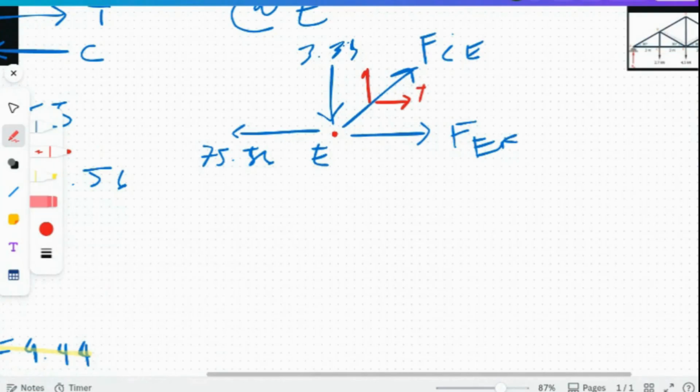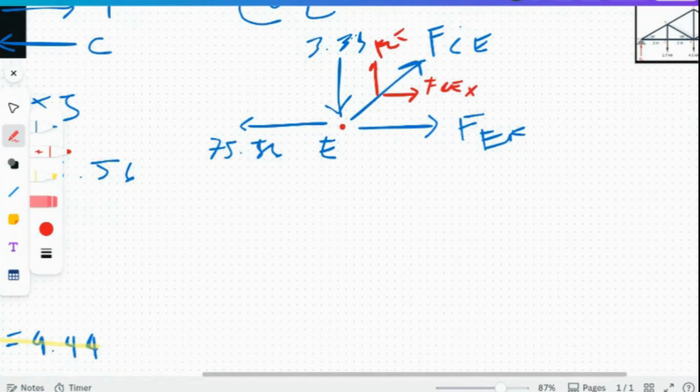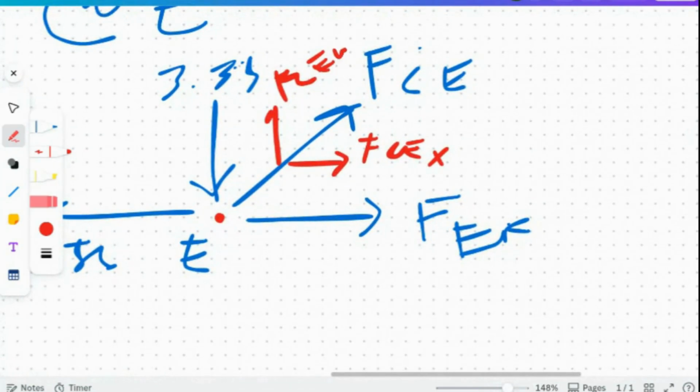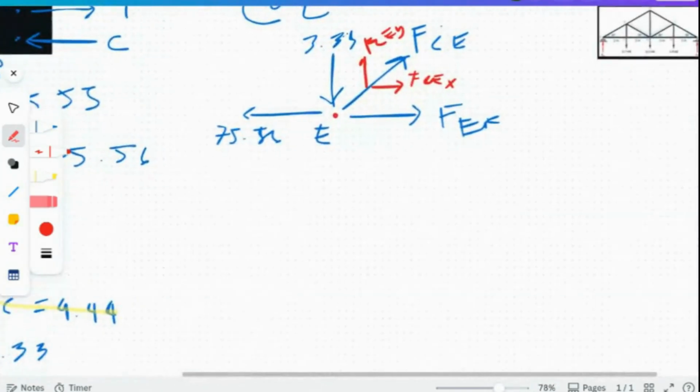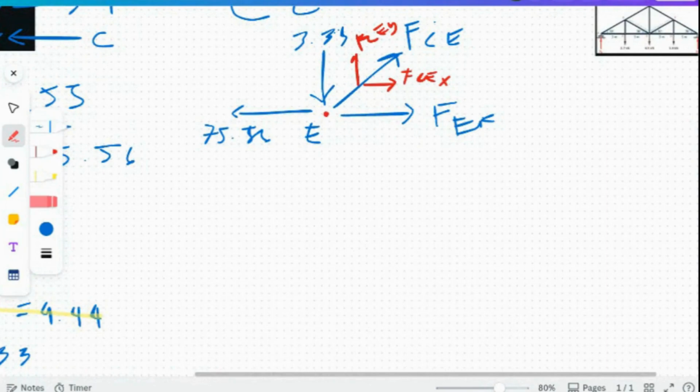So this is FCE X, FCE Y. This shows us that FCE Y can be solved quickly by solving for your forces vertical.